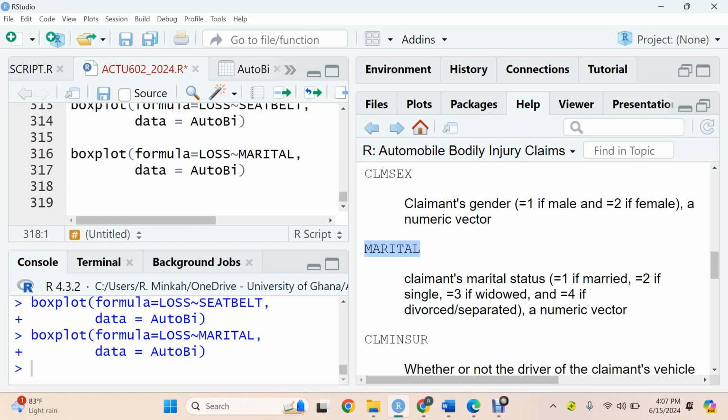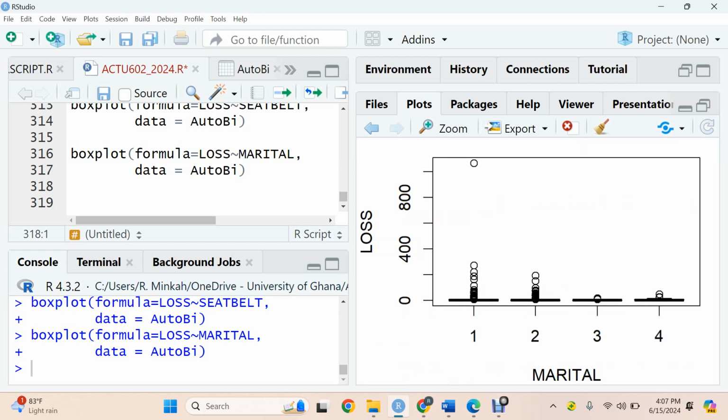Divorced or separated. So let's see. Oh, but those, therefore, those who are married were incurring more loss. That's why it's America, not here.